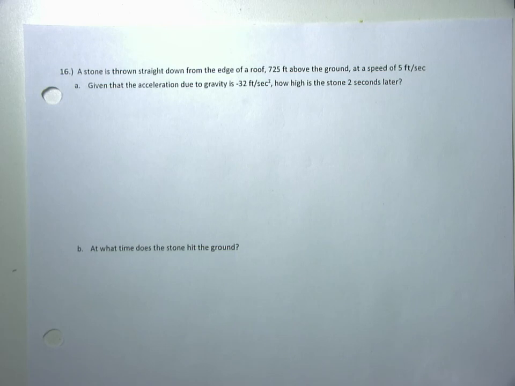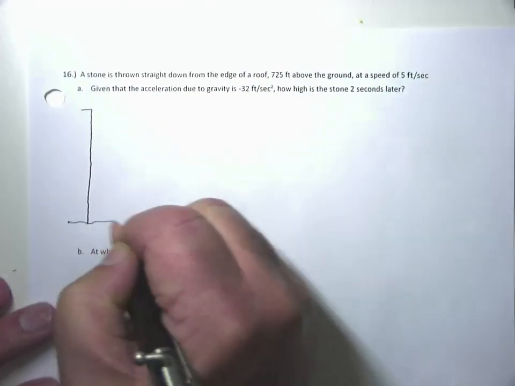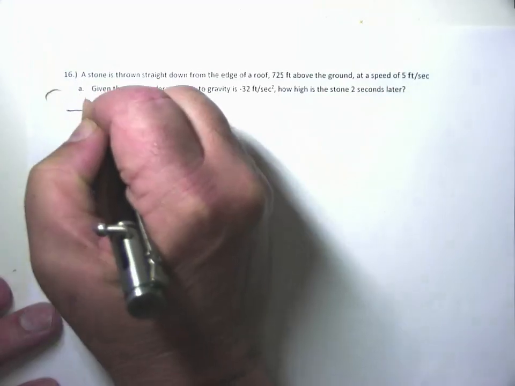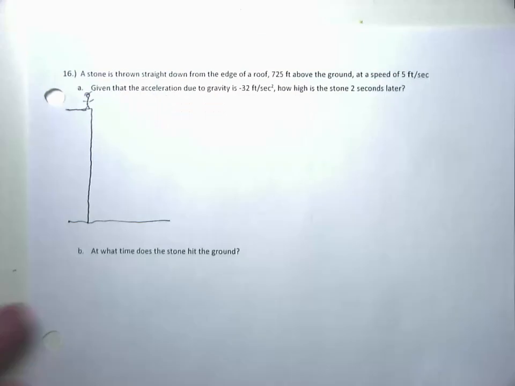And right here, people look at this thing and go, I don't even know where to start. Well, this is a physics problem. You got to outthink the problem. All right. We're standing on the top of a roof, and we're going to throw a stone straight down and try to hit somebody in the head with it.